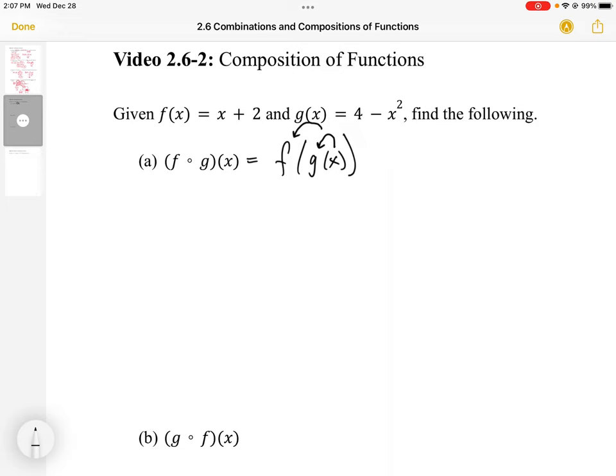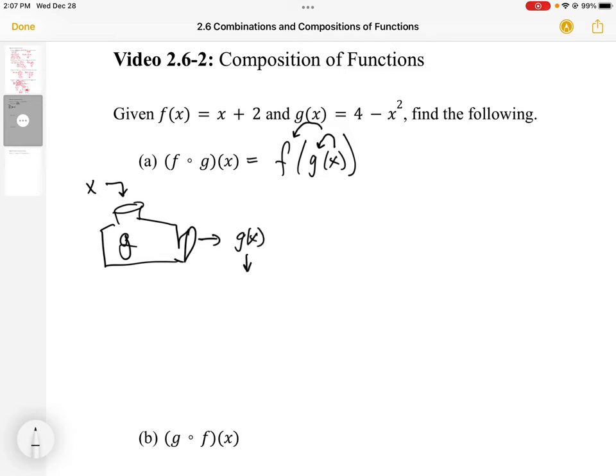So another way of thinking about that, I'm going to draw some function machines. So we have x is being inputted into g, and out comes g of x.